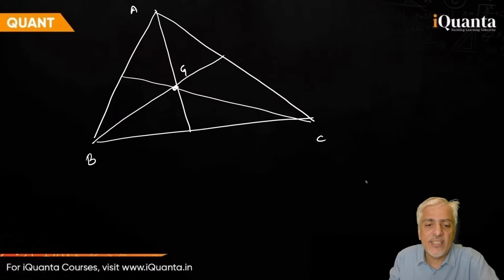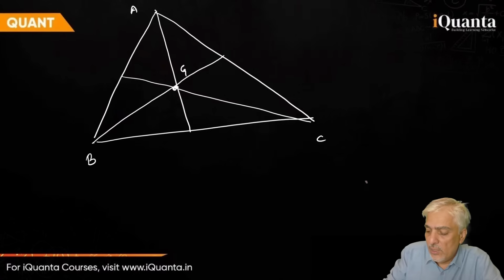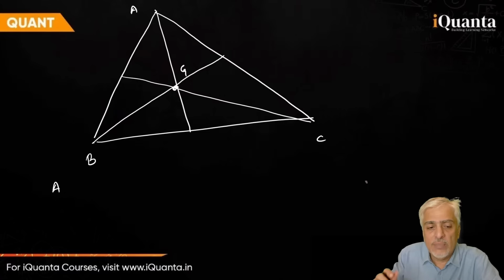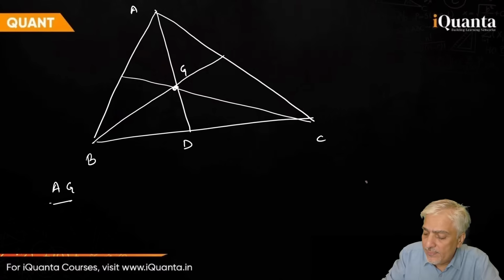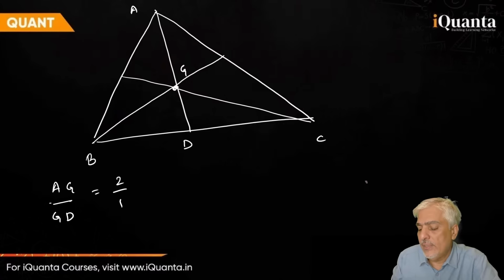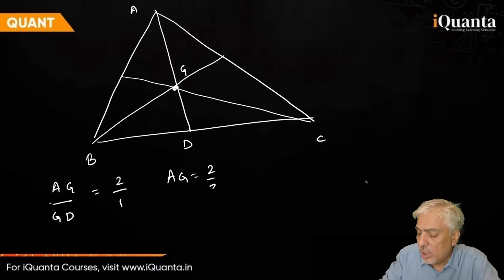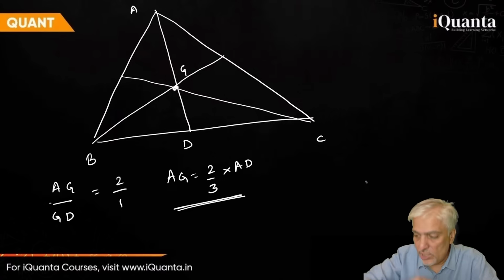Centroid divides the median in the ratio 2:1, which means, I will talk only about one median, obviously it will be valid for all three medians, AG to GD will be 2:1. It divides in the ratio 2:1. Therefore, AG I can say is 2/3 of AD.